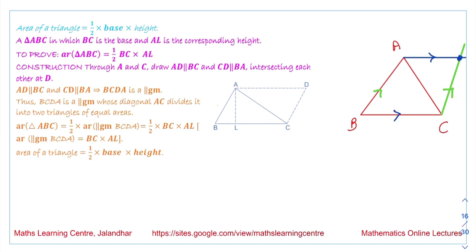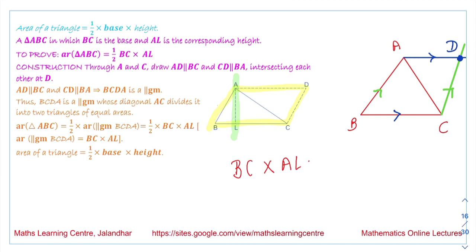The point where both of these intersect, we call D. So now the opposite pairs of sides, AB and CD, are parallel, and BC and DA are parallel. So this figure BCDA is a parallelogram. Now to find the area of this parallelogram, we construct the altitude AL. The area of this parallelogram will be BC into AL.